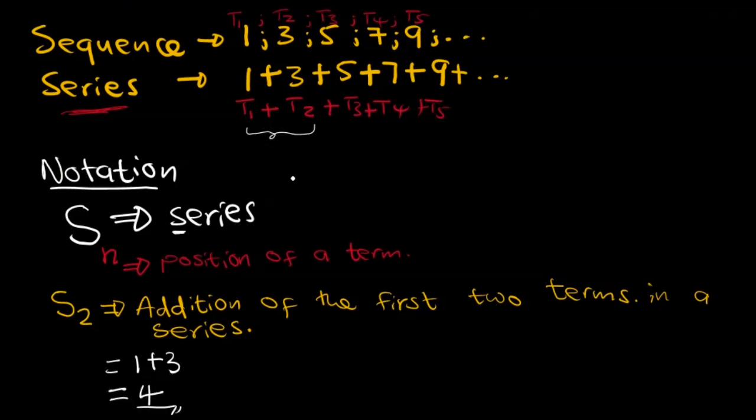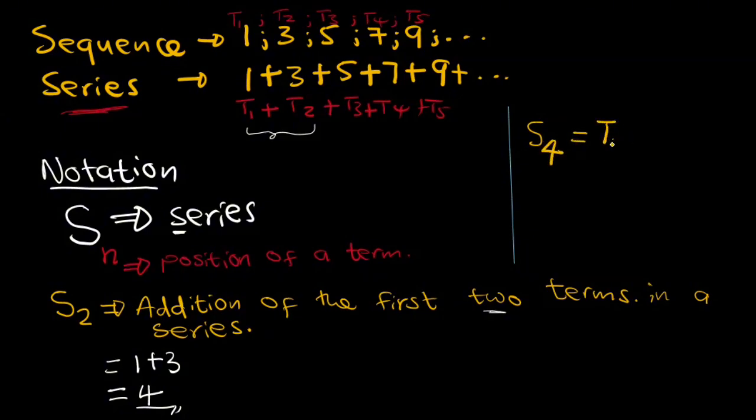So from this series, I understand that if I have S2, that means the addition of the first two, because I've got 2 here. Whatever number is here will determine how far I go with the addition in that series. Let's say I have S4.